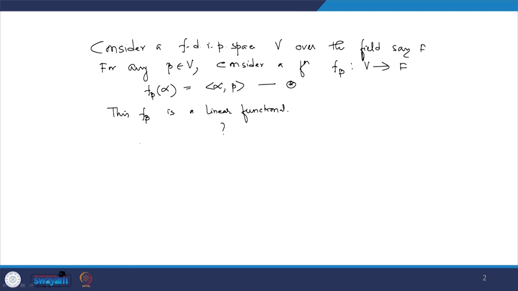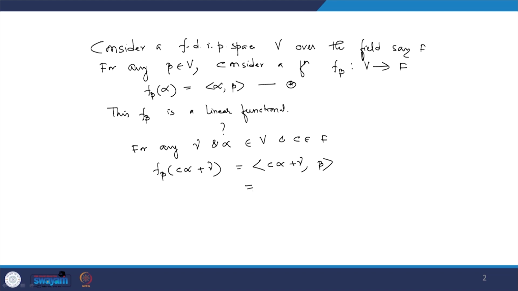This can be checked quickly for any gamma and alpha belonging to V and c belonging to capital F. We have f beta of c alpha plus gamma equal to, according to star, the inner product of c alpha plus gamma comma beta.